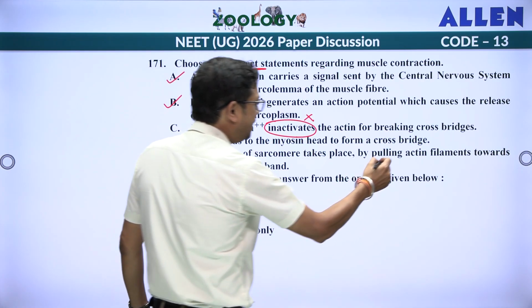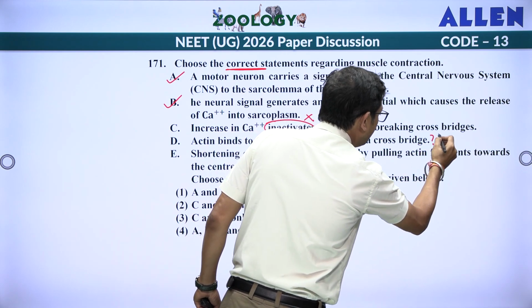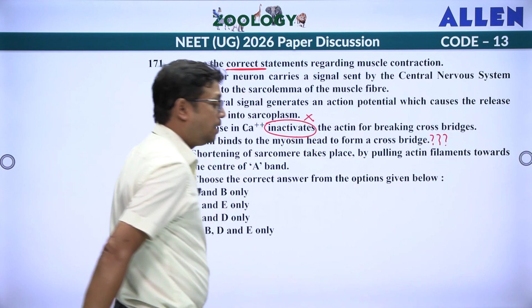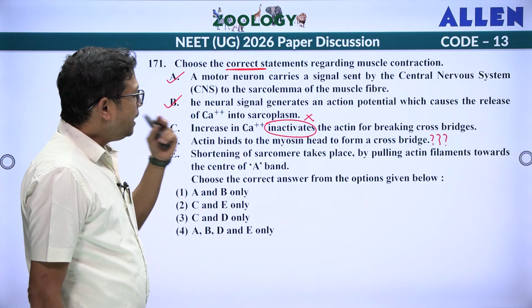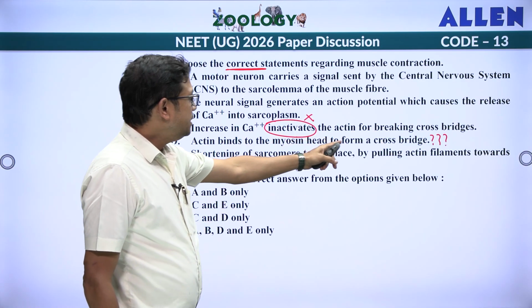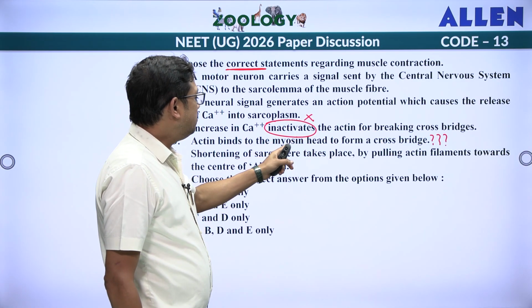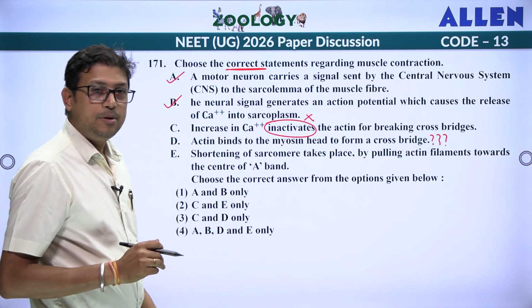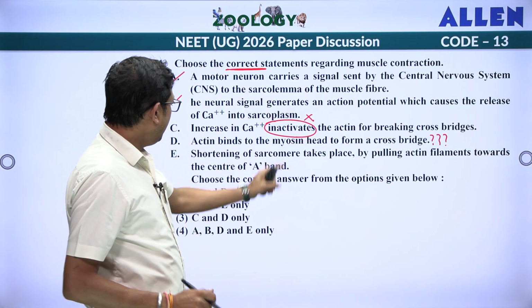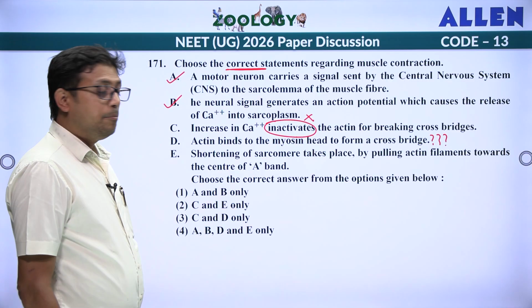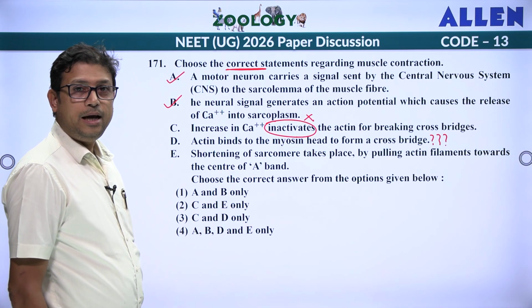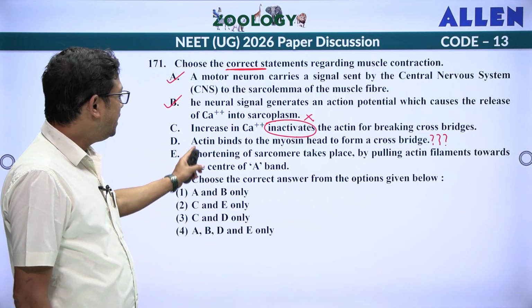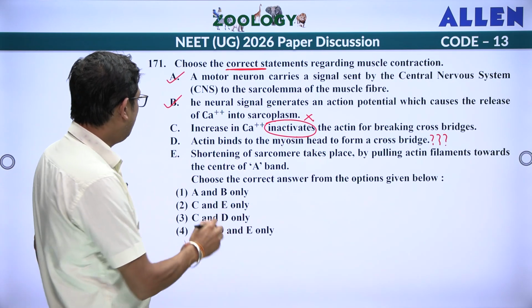Actin binds to myosin head to form cross bridge. Here there is a doubt. What doubt? Here NCERT says that the cross bridge is formed by myosin head with actin. That means myosin binds with actin. So many students get stuck in option D. But if you see the combination in the options, it can be easily eliminated. How? Let us see.